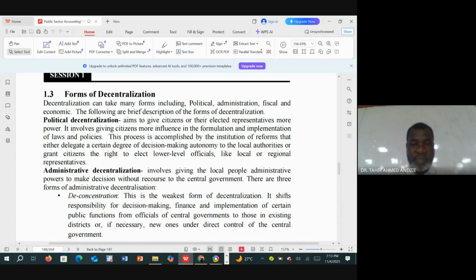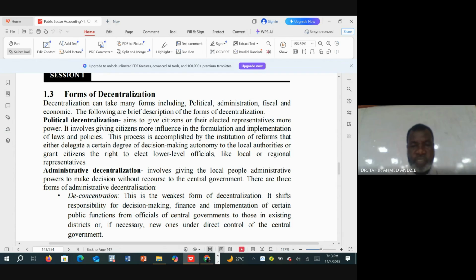So you see, if you even look at the regional coordinating council, it is local government areas that actually appoint, what do you call it? Right. So what I'm saying is that when it comes to political decentralization in local government, the citizens and their representatives are given the power to formulate and implement laws and policies.